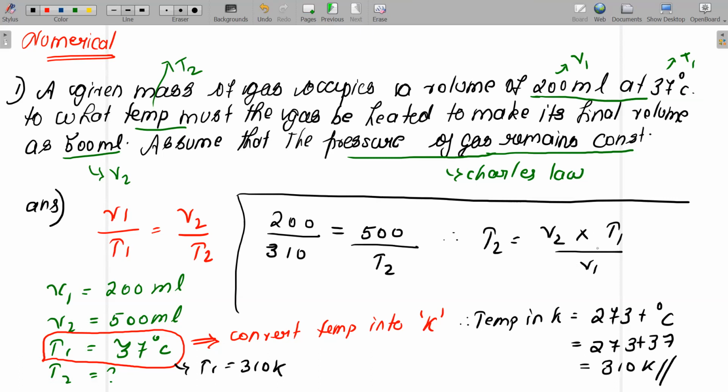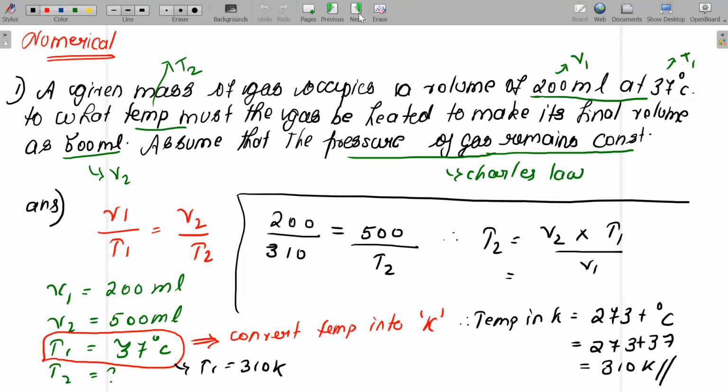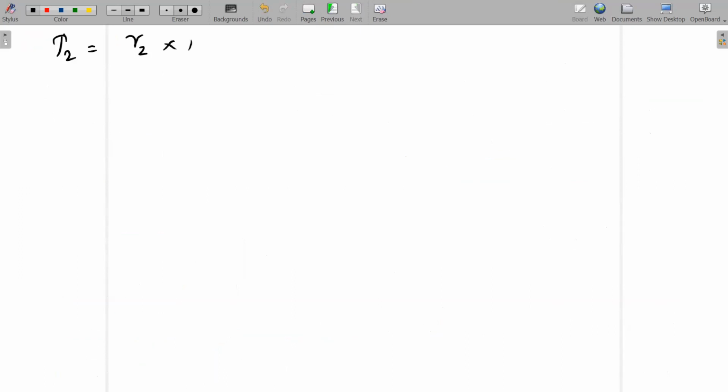Am I right? So T2 is equal to V2 into T1 by V1. Now, what things should you substitute? V2 is 500 into 310 divided by 200 you should do. So how much value will you get?